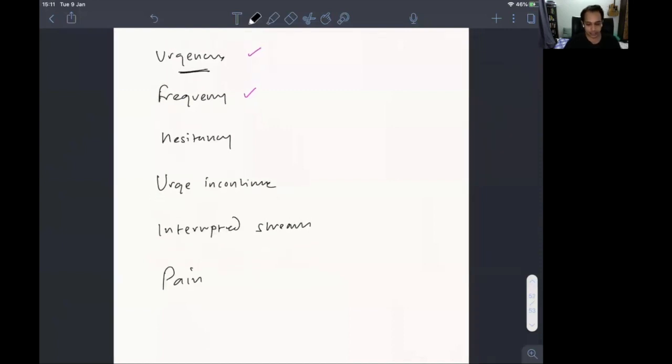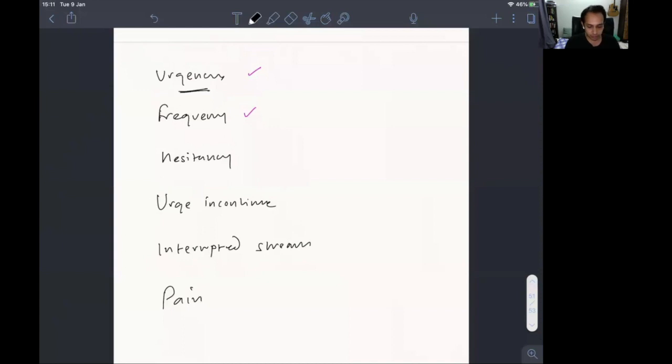So these are the questions that you ask, and we've already covered in what condition you will get which one. And so accordingly, you can localize.